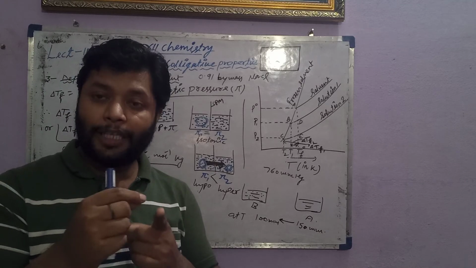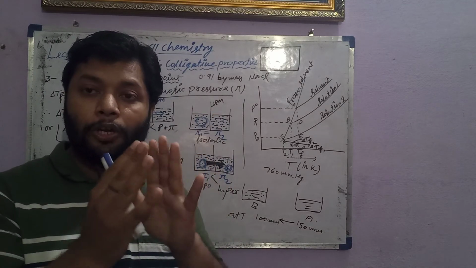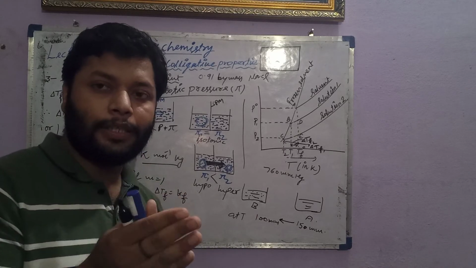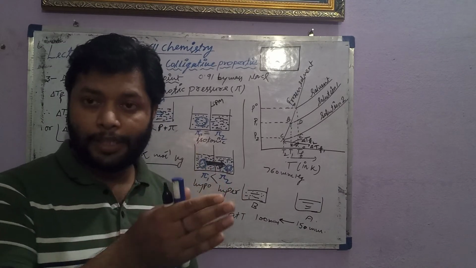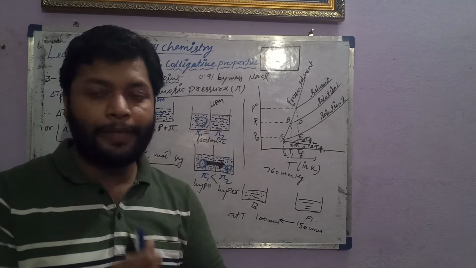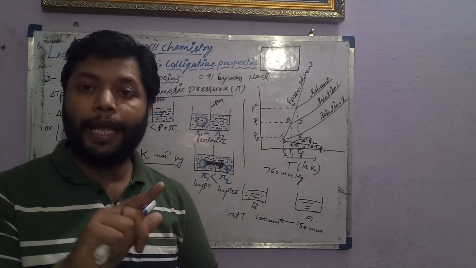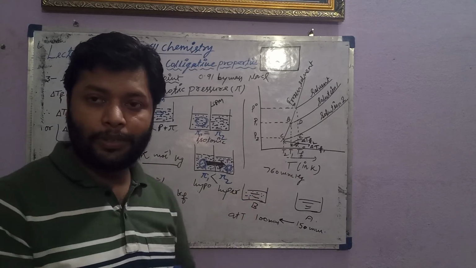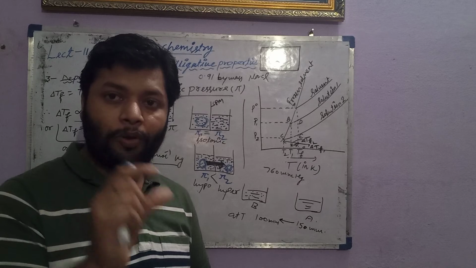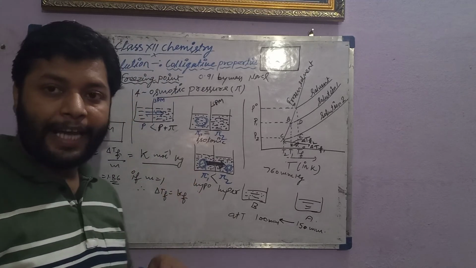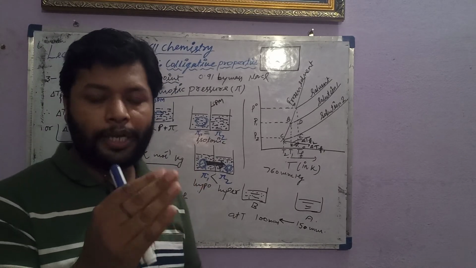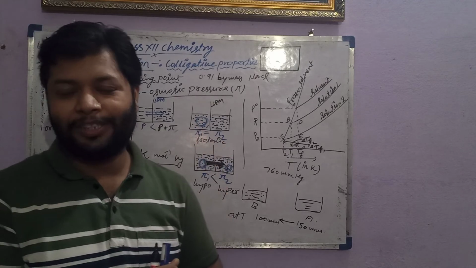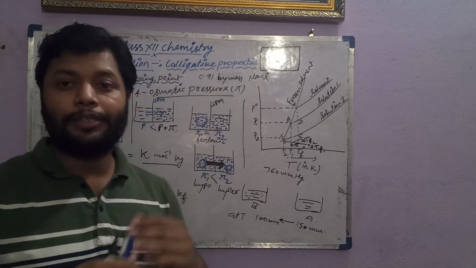Plasmolysis means the cell loses its water, the flow of water from the cell to the outside, and that is called the exoosmosis process. So exoosmosis takes place in hypertonic solution, endoosmosis takes place in hypotonic solution, and there is no net flow of water when the cell is added in an isotonic solution.